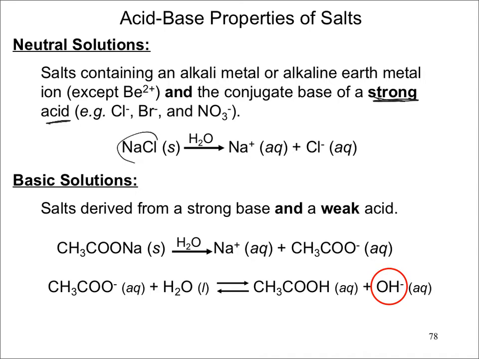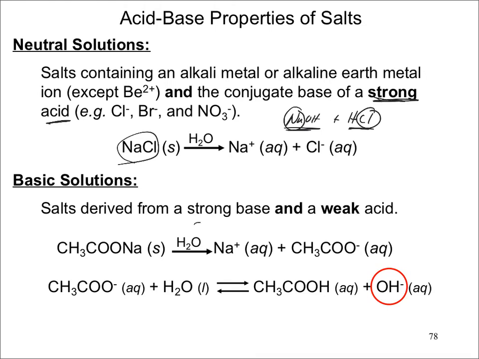So sodium chloride, you can think of as being the reaction of sodium hydroxide plus hydrochloric acid. Strong base, strong acid. So neutral solutions come from strong bases and strong acids. Remember, the conjugates of those strong things are weak.